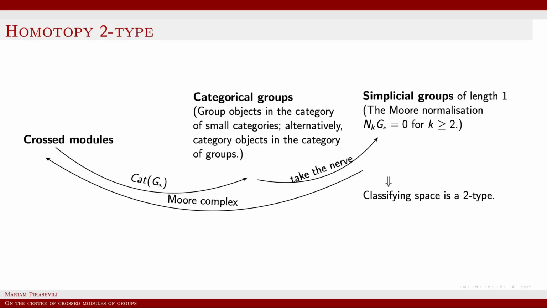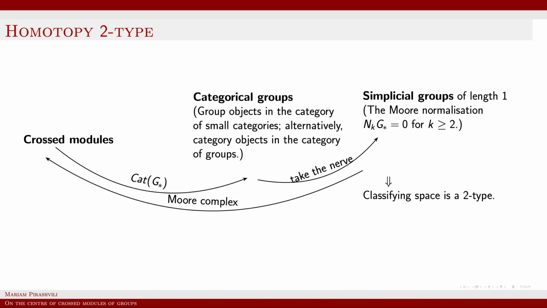So when we start with crossed modules, we have simplicial groups of length 1.